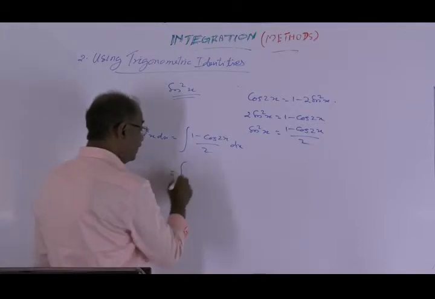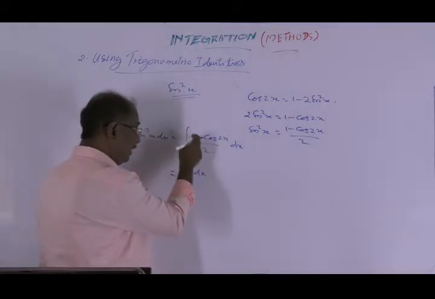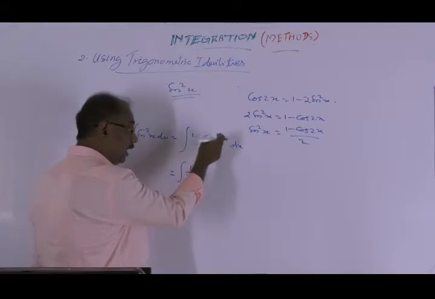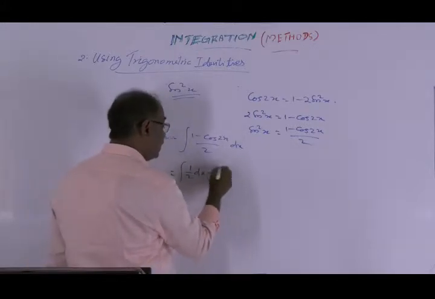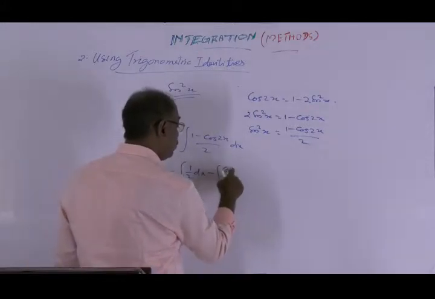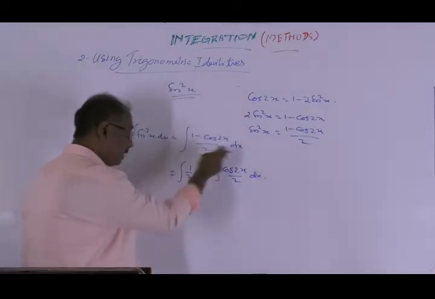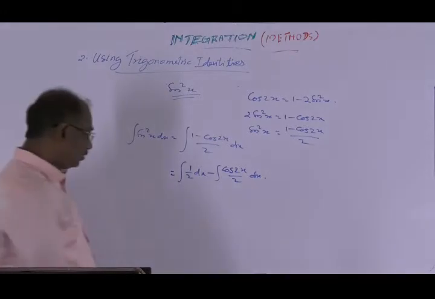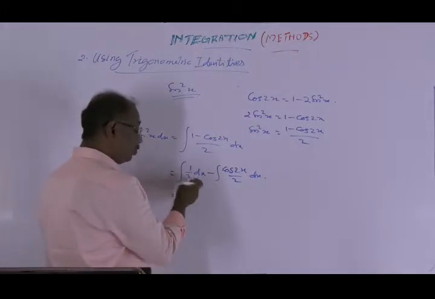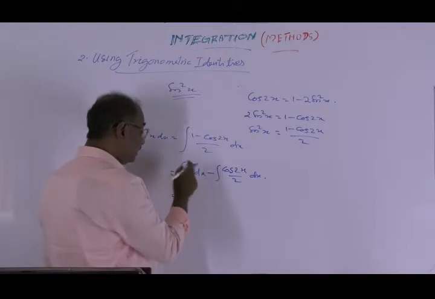Which is equal to integral 1 by 2 dx minus integral cos 2x divided by 2 dx. So this is equal to 1 by 2, constant taken outside, integral dx which is x.